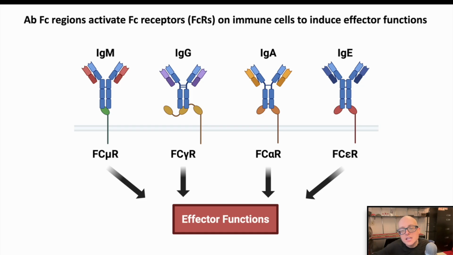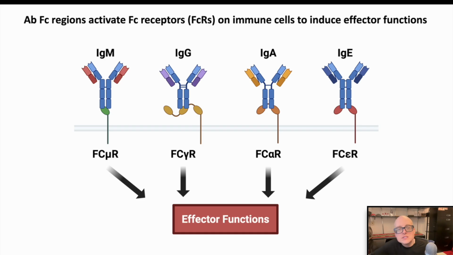And one way that the Fc domain, which remember is the stalk of the Y, and you can see here that this stalk looks a little bit different for each of the classes. Some of them, for example, are bigger, they have a higher molecular weight than others. But universally, these Fc domains share in common their ability to bind to cell surface receptors known as Fc receptors.